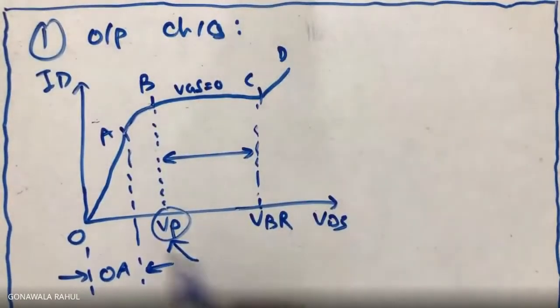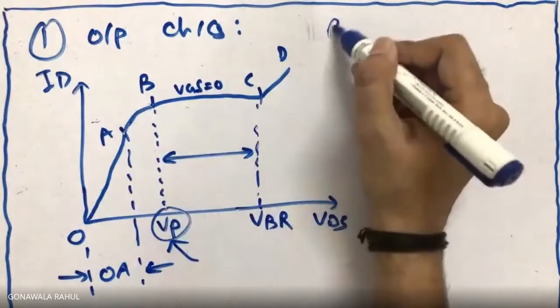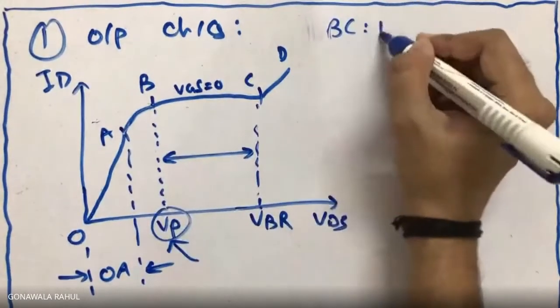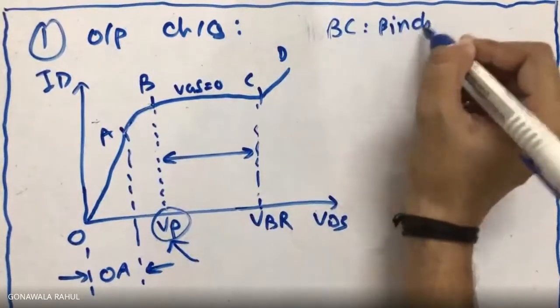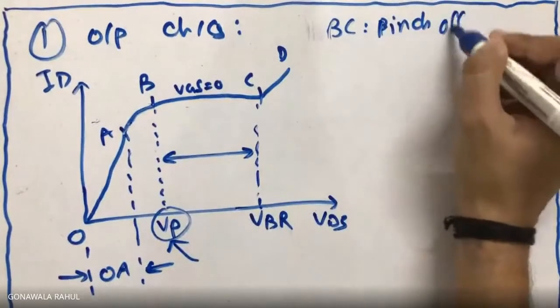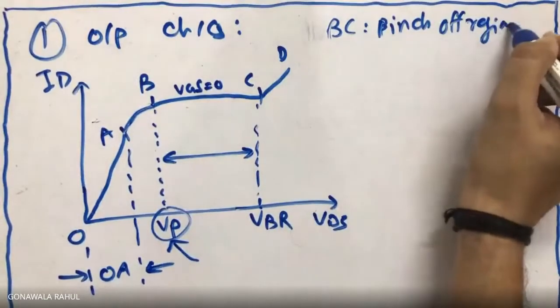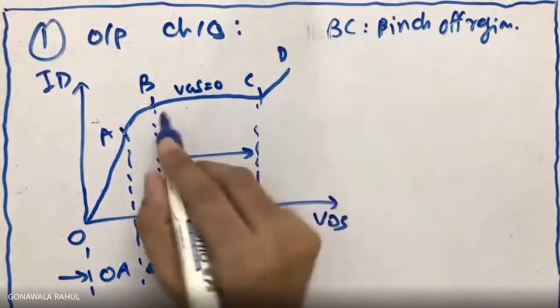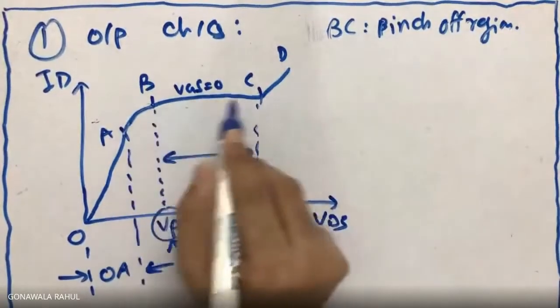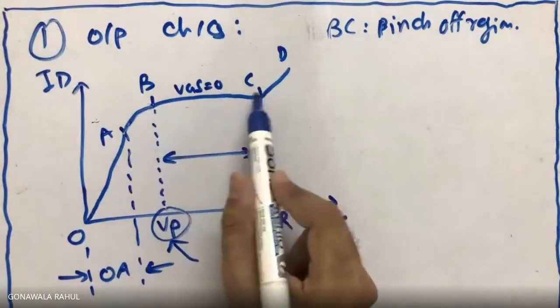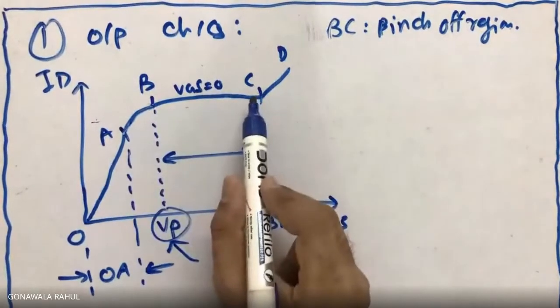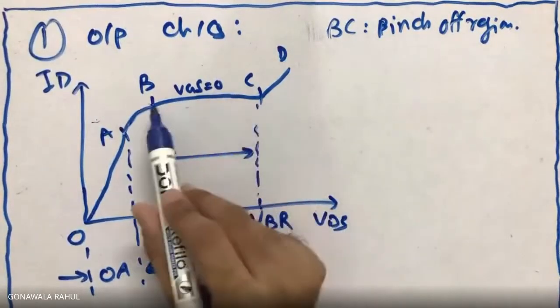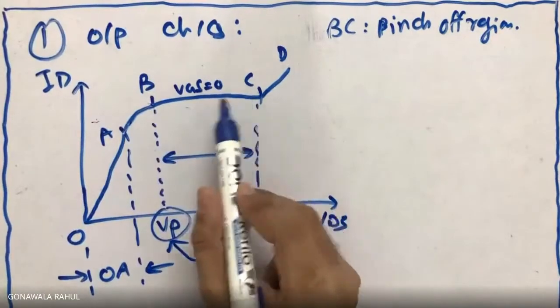The curve BC is known as pinch off region. It is also known as saturation region, or constant current region. Here the current is almost constant.